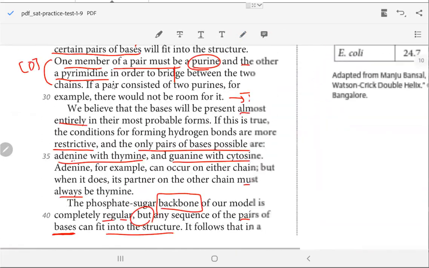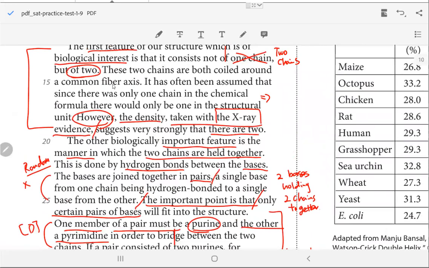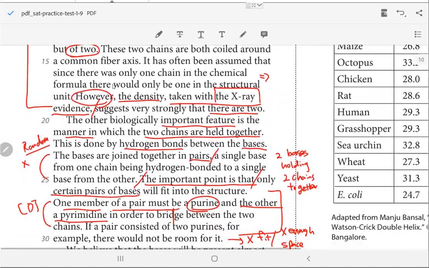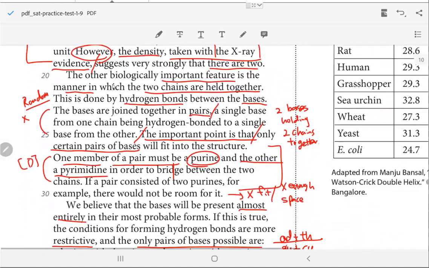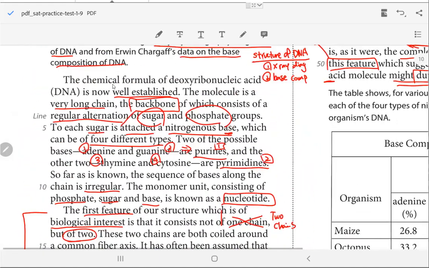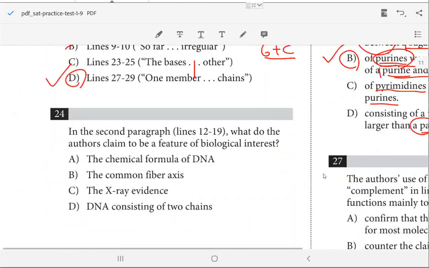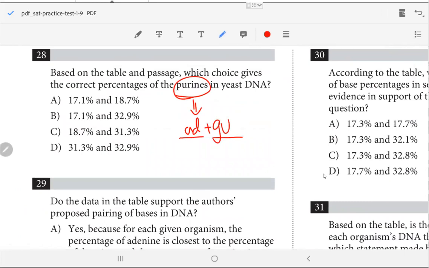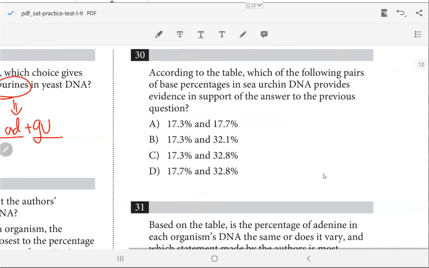I shouldn't make a fool out of myself. Purine is adenine and guanine. That's purines. Yeah, adenine and guanine. Yep, I knew it.